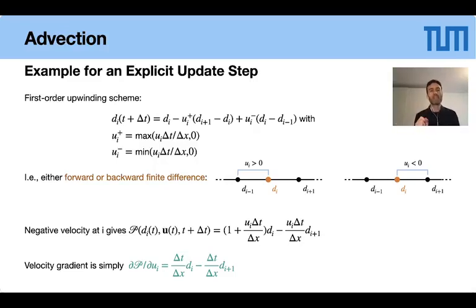So in order to achieve a certain effect with respect to the negative velocity, the di and di plus 1 are the quantities influencing that particular velocity entry. And this we could now repeat for all the velocities in our grid.